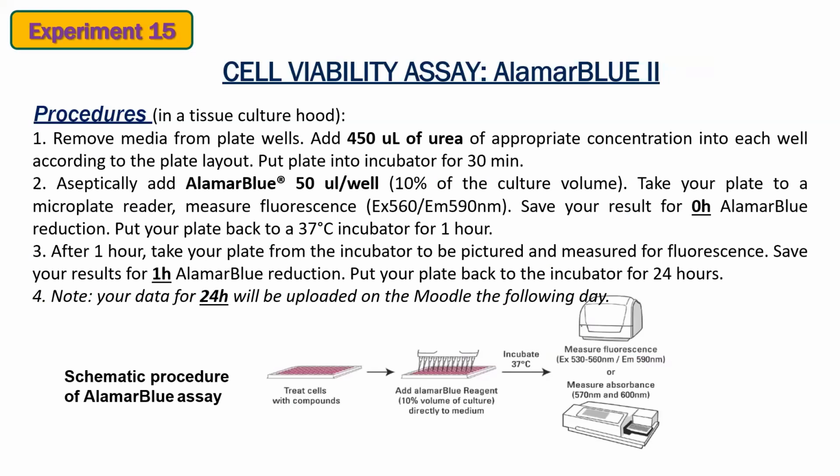Okay, so now let's talk about the procedure. As you remember, we add 10% of the final volume of Alamar Blue. I guess I talked to everyone here, right? So Aigerim, we have these 50 microliters as 10% of the volume.